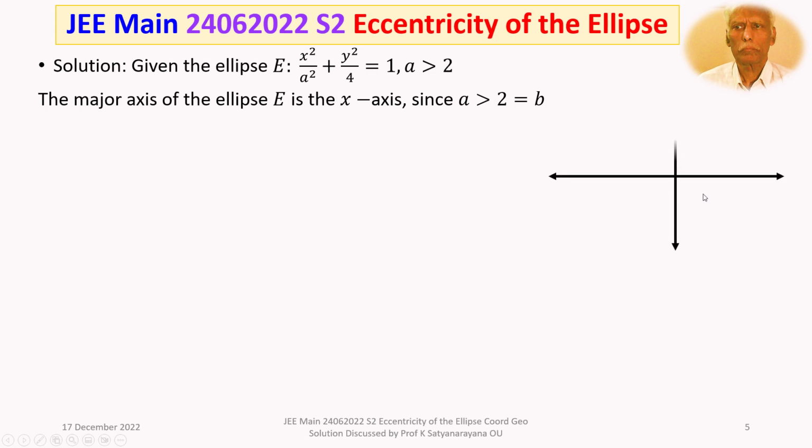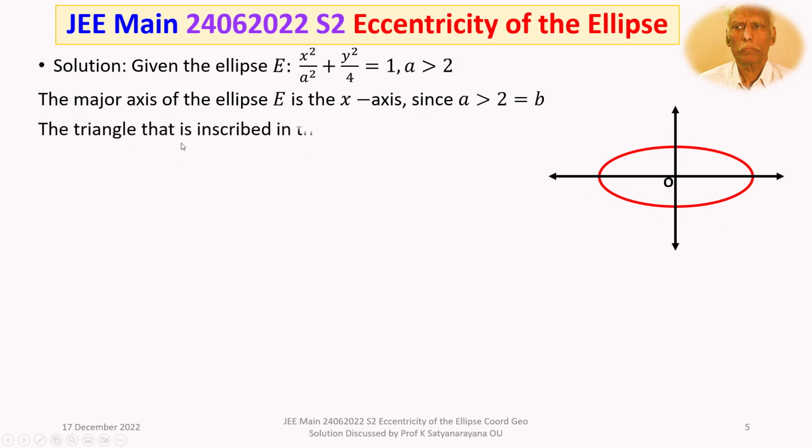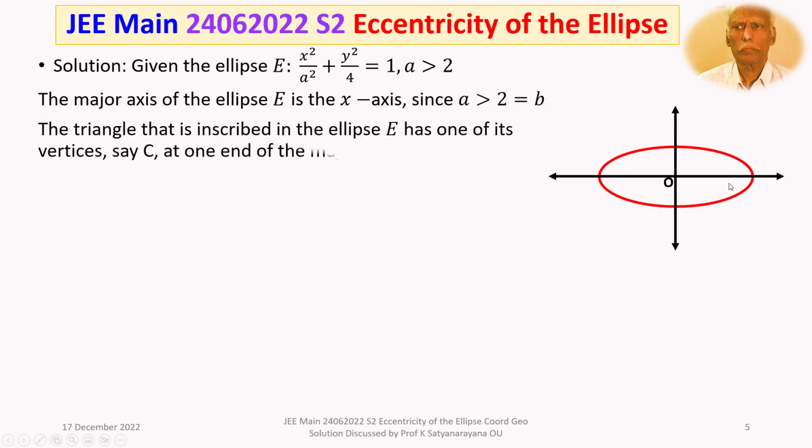Now that is our x-axis, y-axis, the origin, and the given ellipse. The triangle inscribed in this ellipse has one of its vertices, say C, at one end of the major axis of E. So the major axis is this, and C is here, with coordinates a comma 0, obviously, because x squared by a squared plus y squared by 4 is equal to 1.